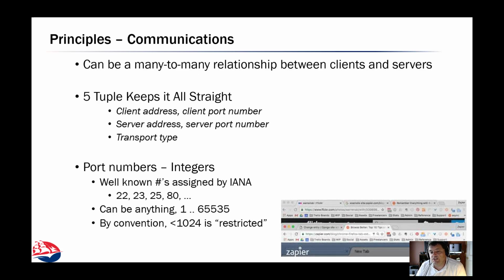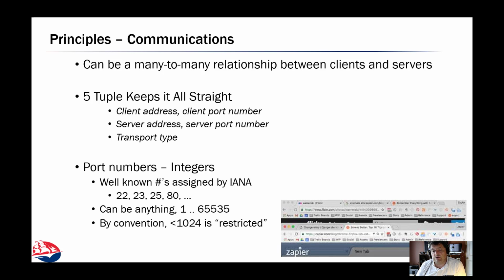One of the other challenges that gets created by applications is that there can be a many-to-many relationship between clients and servers. And what I mean by that is that the same client machine can have multiple connections open to the same server. And somehow, some way, we need a mechanism to keep them all straight and unique.